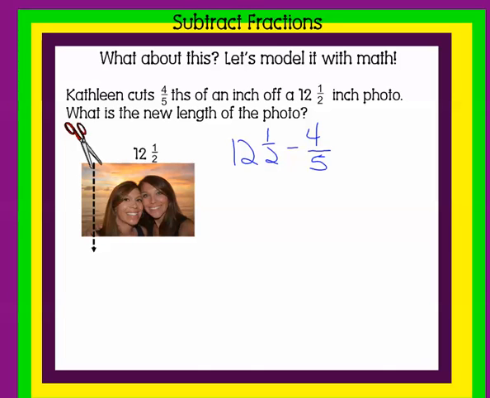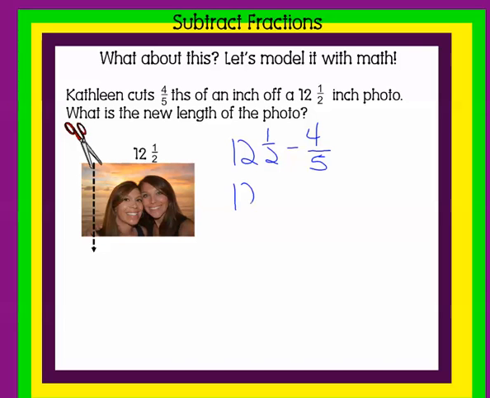All right, calculation-wise, we don't have the opportunity to subtract 4/5 from 1/2 because 4/5 is larger. So we're going to regroup that 12. Actually, let's start by getting a common denominator. I think that might be a little easier.